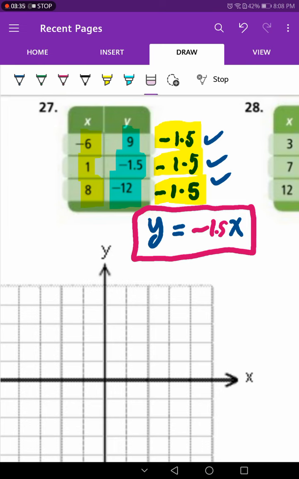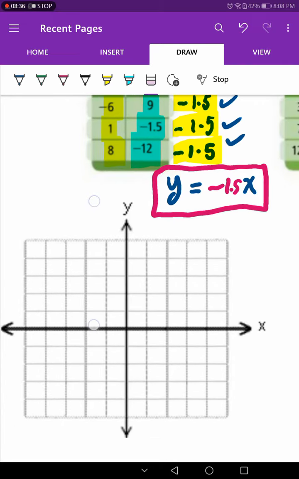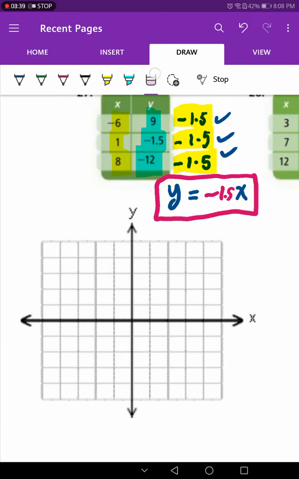Now let us plot this table. The x is to the left and right, and the negative 6 is to the left. So count 1, 2, 3, 4, 5, 6, negative 6. And then move 9: 1, 2, 3, 4, 5, 6, 7, 8, 9. So it will be almost here.